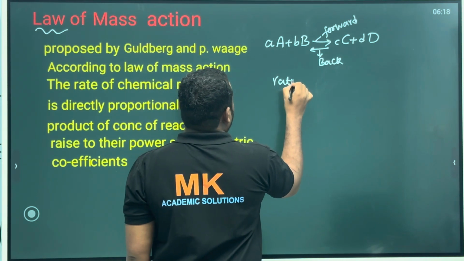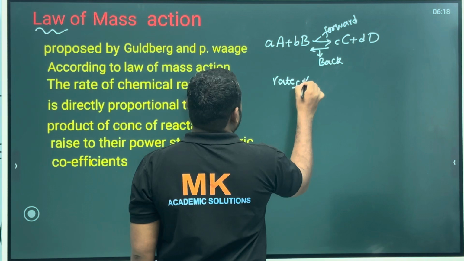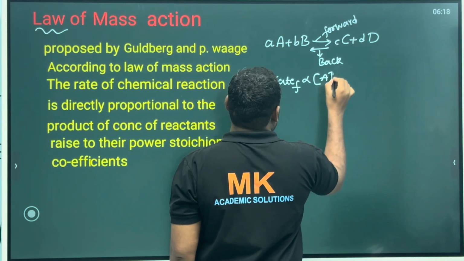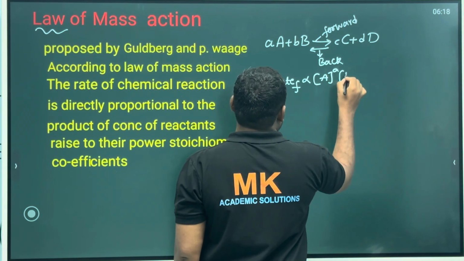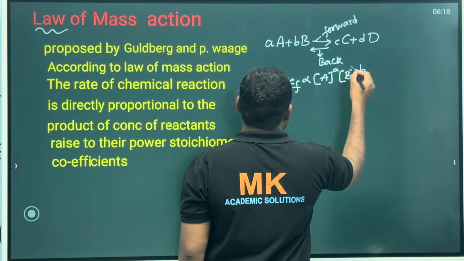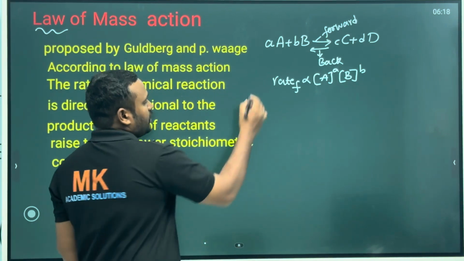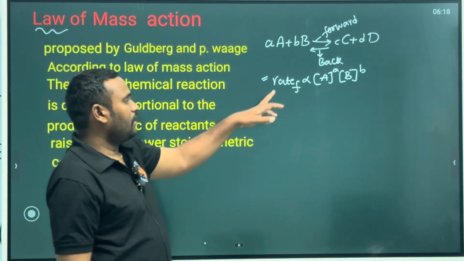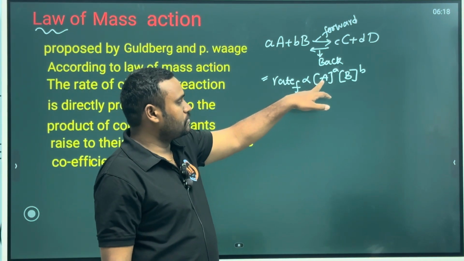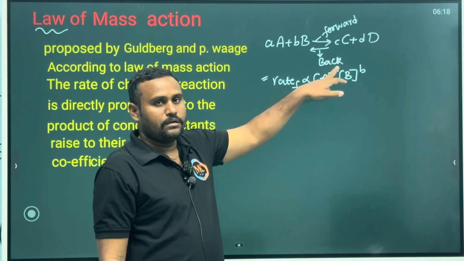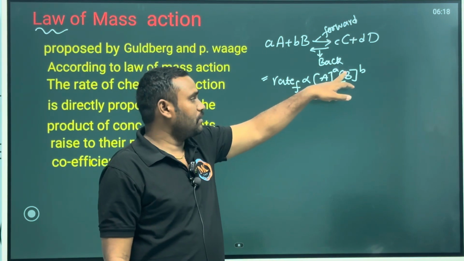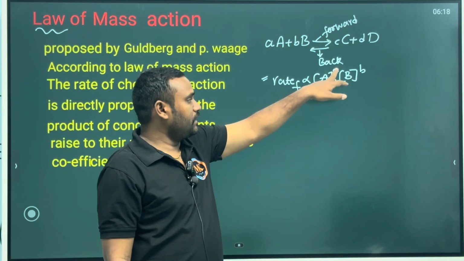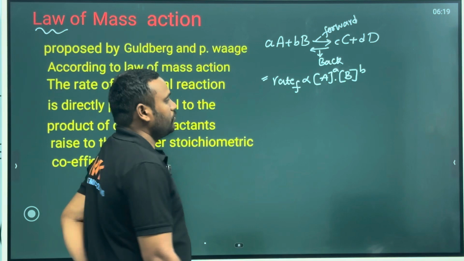So for the forward reaction, according to the law of mass action, the rate forward is directly proportional to the concentration of A power a, concentration of B power b. So the law of mass action says the rate of a reaction is directly proportional to the product, that is multiplication, of the concentration of reactants raised to their stoichiometric coefficients.